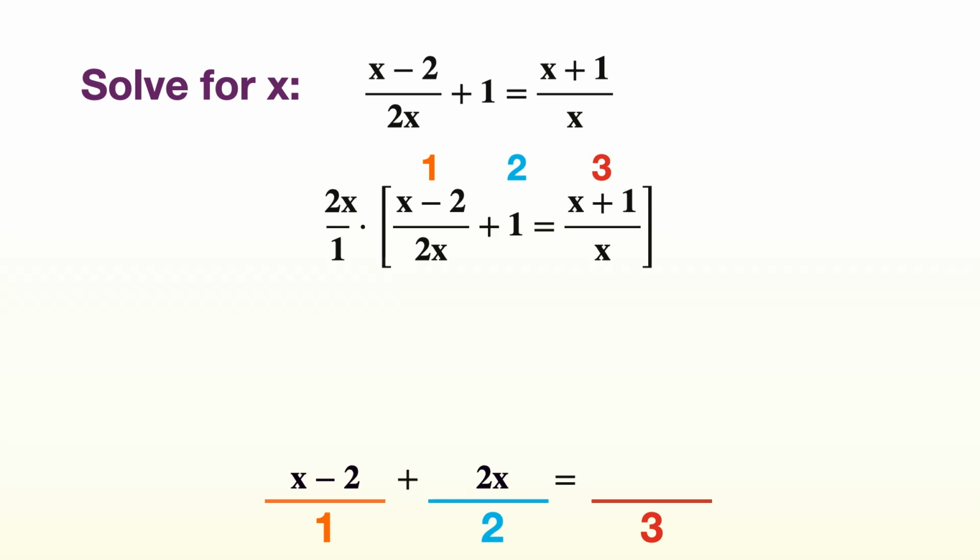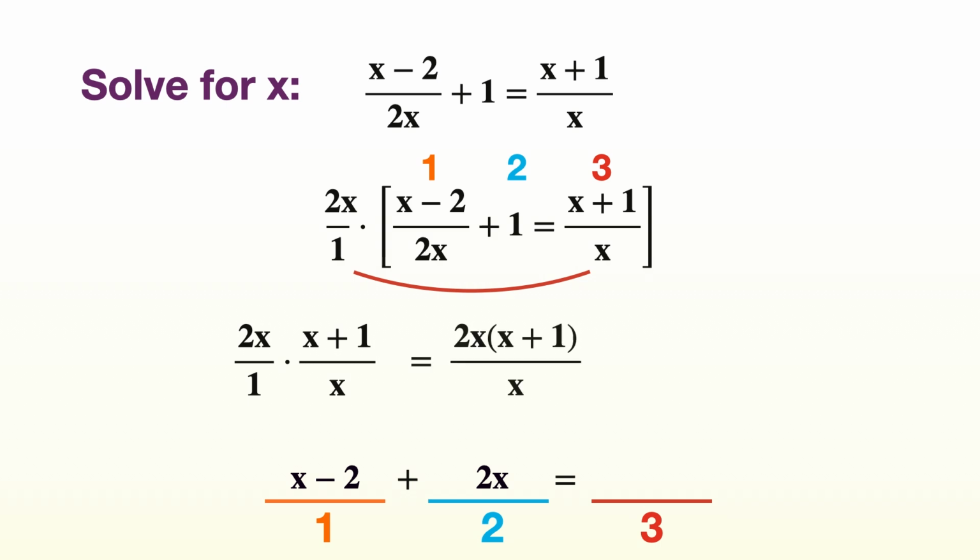Next, we need to multiply 2x by x plus 1 over x. In the numerator, we have 2x times all of x plus 1, so we need to put parentheses around x plus 1. In the denominator, we have 1 times x, which equals x. Now, to simplify, we look for factors that are common in the numerator and denominator.